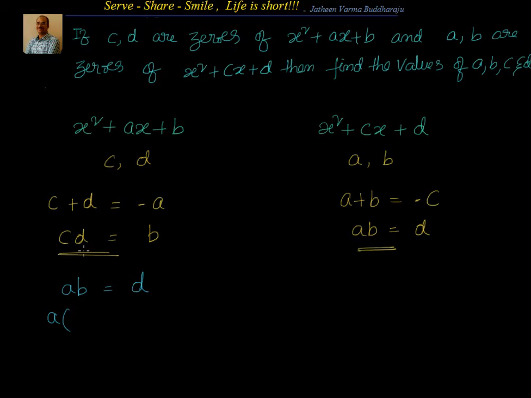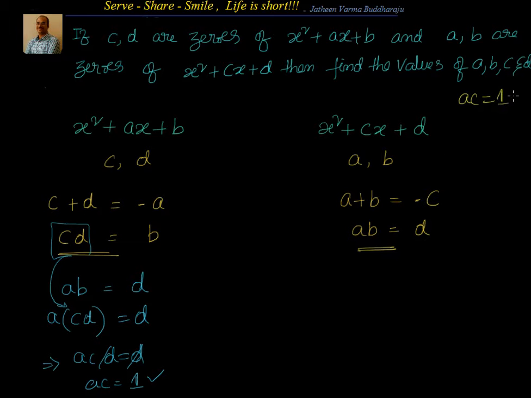So can I say b equal to cd? So can I say here a into cd equal to d? That will give me ac into d equal to d. d cancels. I'll have ac equal to 1. That's a good beginning. So we got a into c equal to 1. That's our first equation.